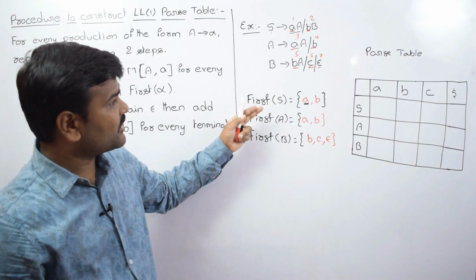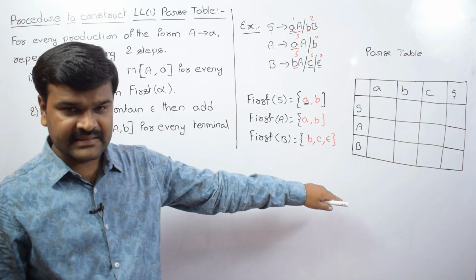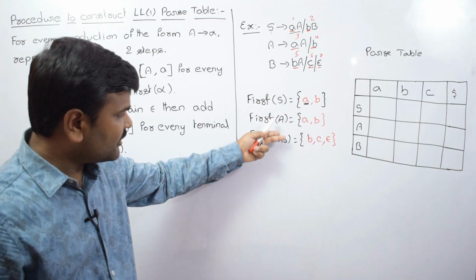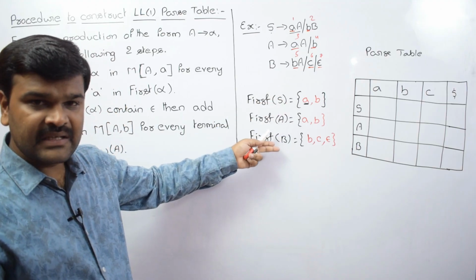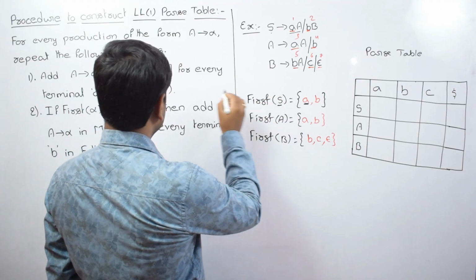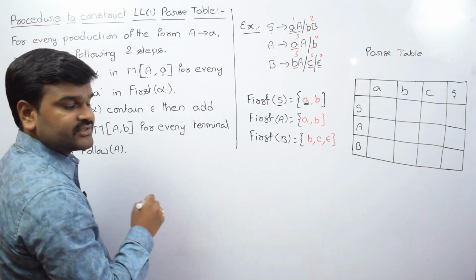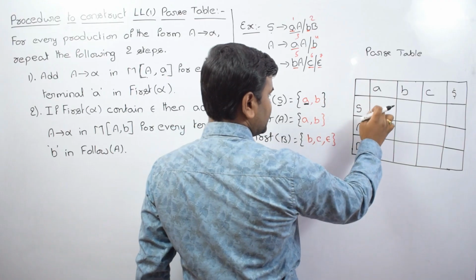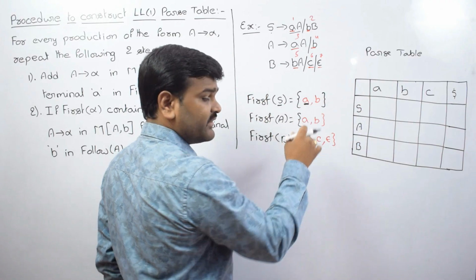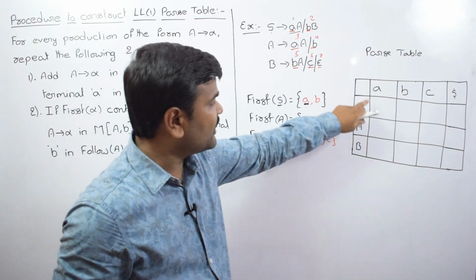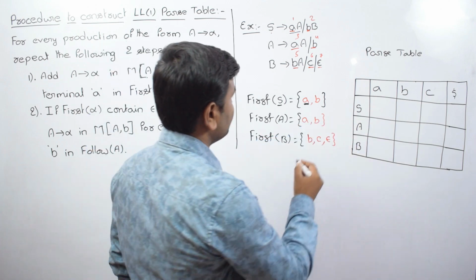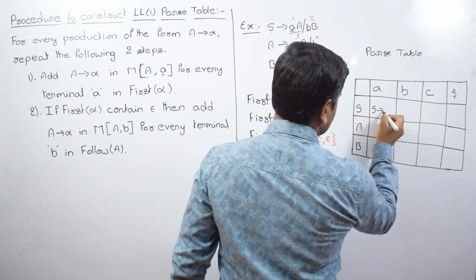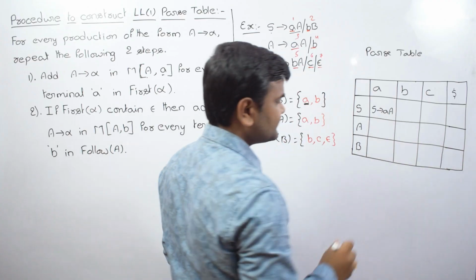Actually, production by production we can find out and add, so instead you first find first of all non-terminals. So, under S row and a column, this production, since a comes from this position, we add here S arrow small a capital A.